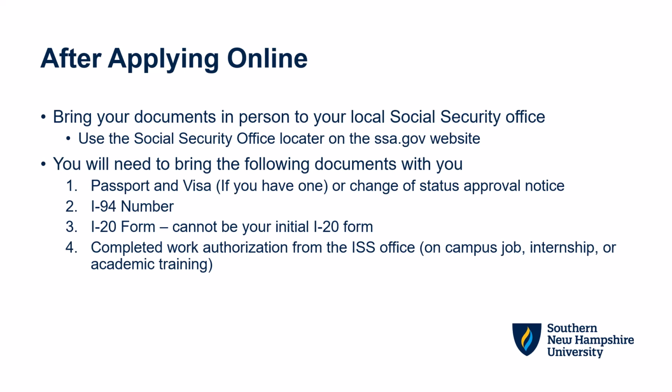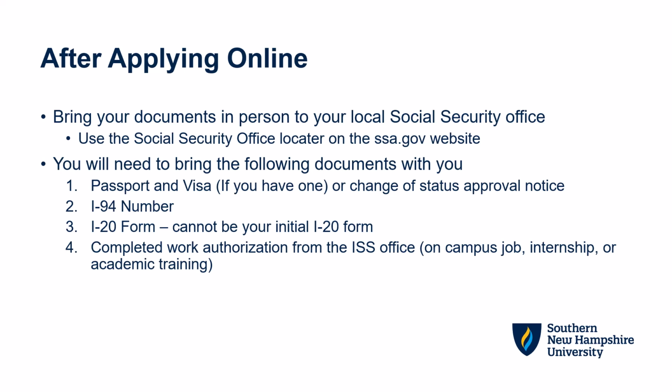When you go to the Social Security office, you will need to bring the following items. You will want to bring your passport and visa, if you have one, or a change of status approval notice. You will also need your I-94 number and your I-20 form. Please make sure that you are checking that your I-20 form indicates an issue reason of continued attendance.